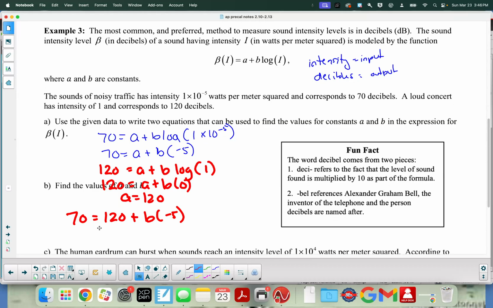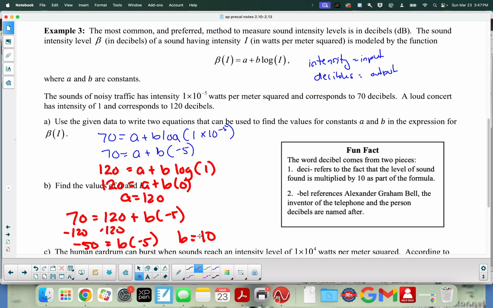Subtract 120. That's going to be negative 50 equals b times negative 5, which means b has to equal 10. So you've basically found the constants for that formula. That 120 is your baseline decibels, and that b is 10, which is kind of nice when you're talking about 10 times log base 10 of something.